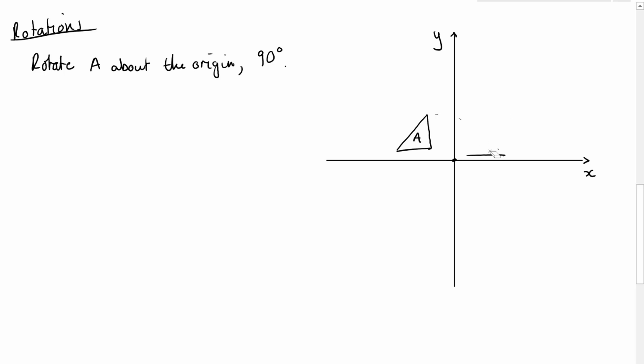It's a very rough sketch. Let me try that one again. There we go. And that would be B, when we rotate it through 90 degrees about the origin.